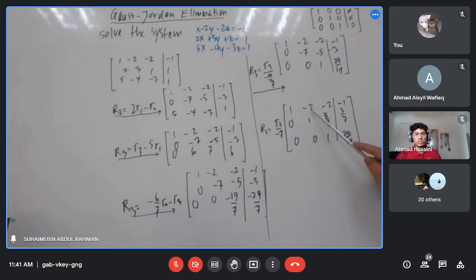Next, we want to make 0 there, and at the same time keep 1 here.